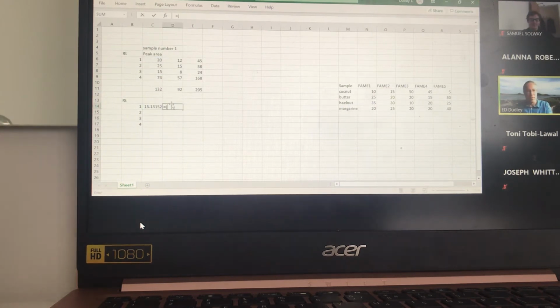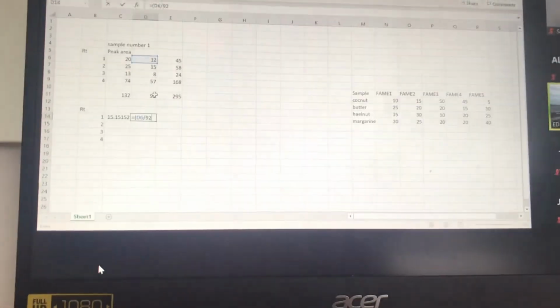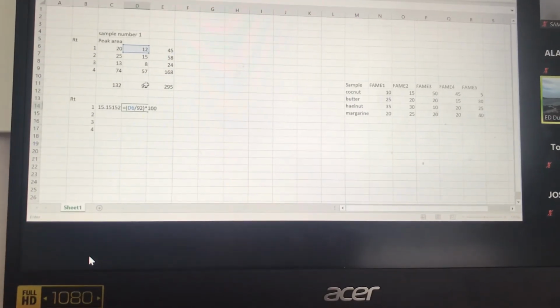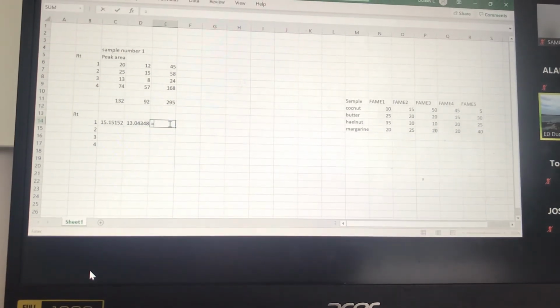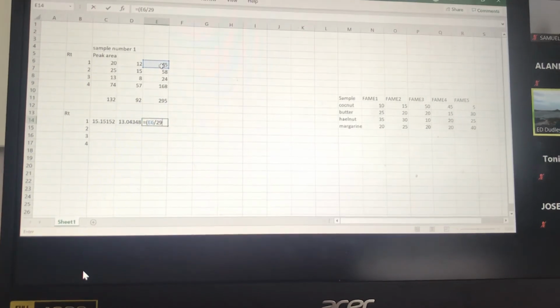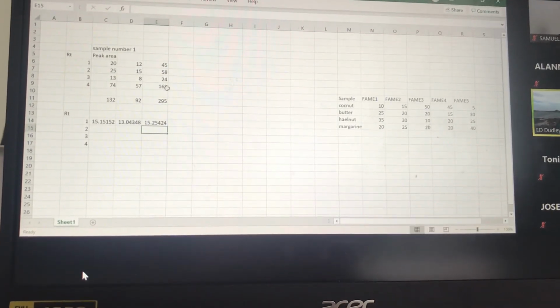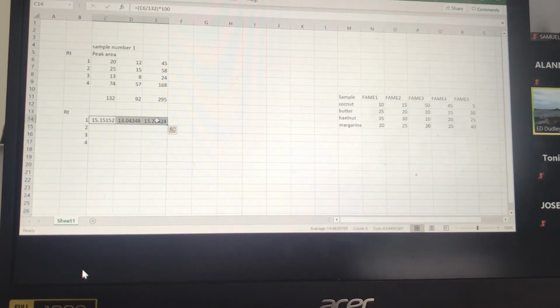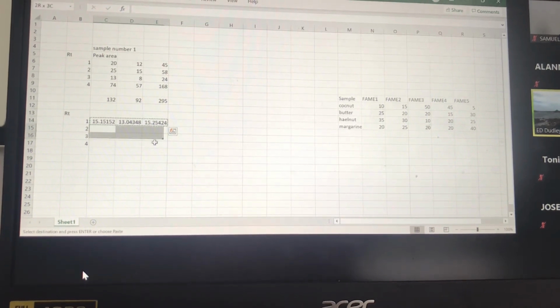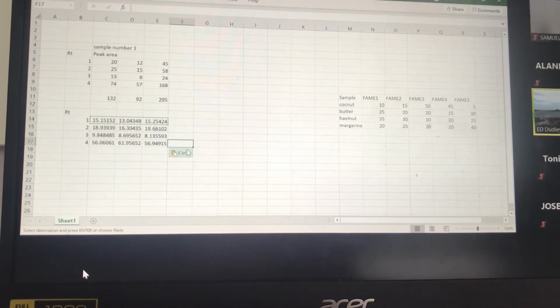And if we report this value as a percentage of 92, and if we report this value as a percentage of 295, and once we've done that, we can copy and paste that down all the other Excel functions.